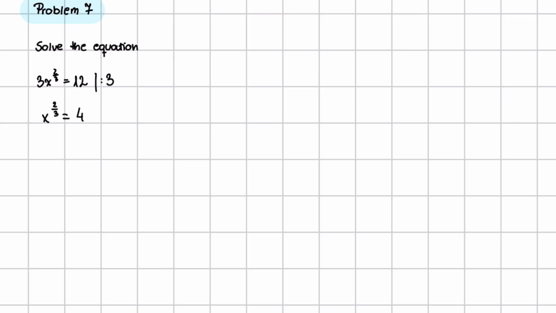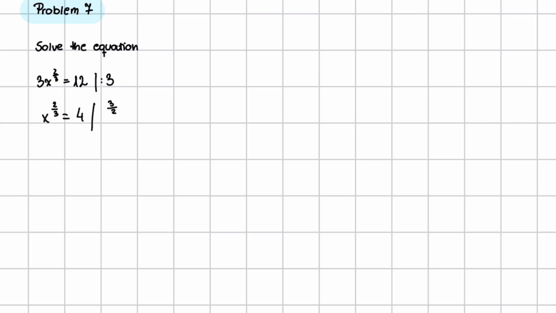And now we have a fraction in the power. To cancel out this power, we have to rotate it, so 3 over 2, and give this power to both sides.